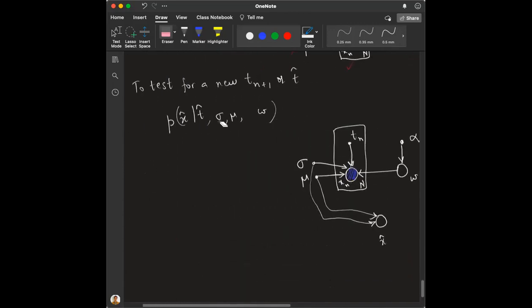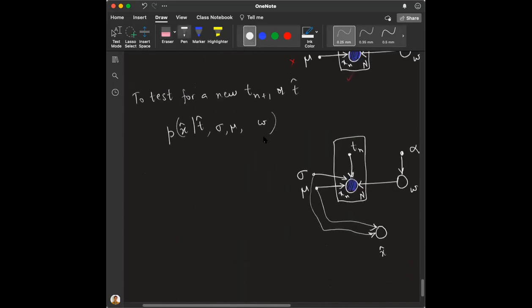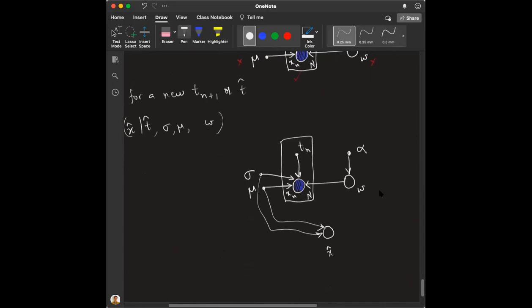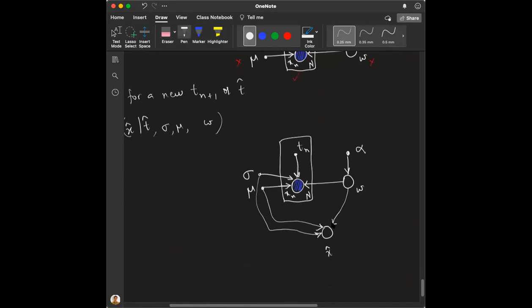It depends on w, and it depends on the t hat, which is recently observed. So this is my inference problem. These are all known and I use them to estimate these values, and then during inference I am finding out this probability. And if it is a classification problem, you know how to do thresholding, etc.